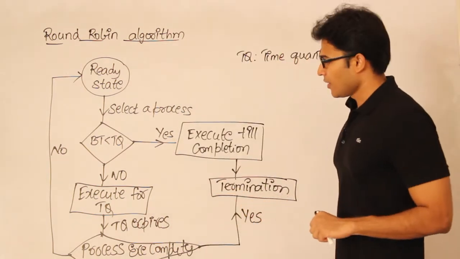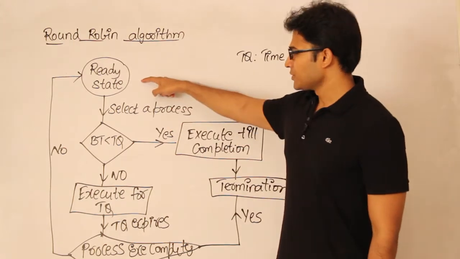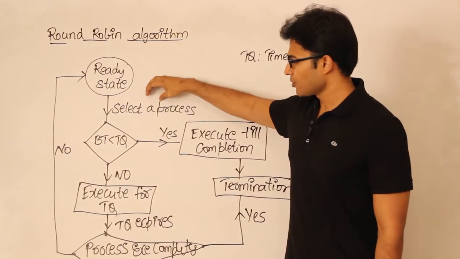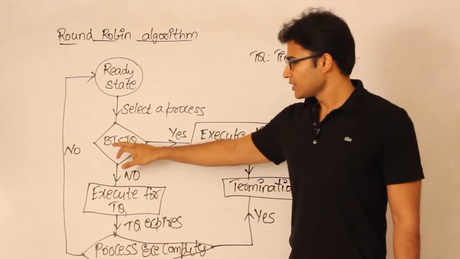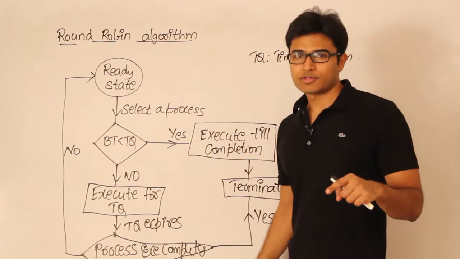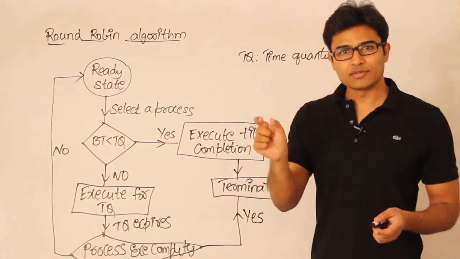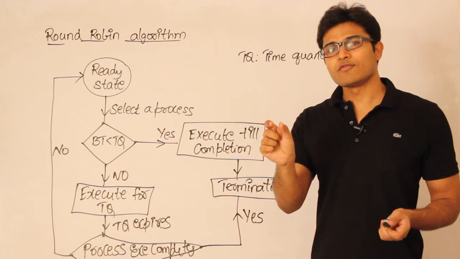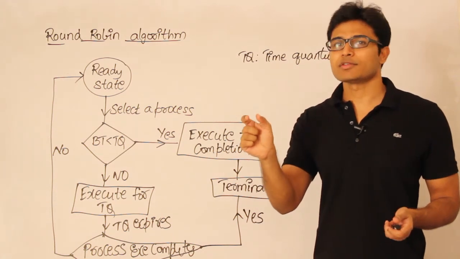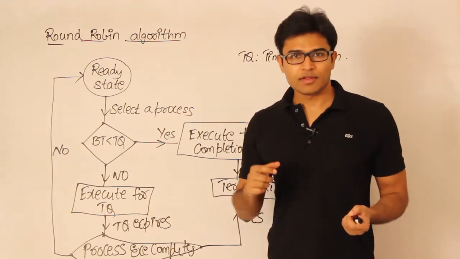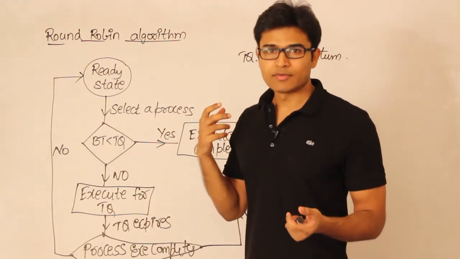Watch it. Initially we will be in the ready state, and then we select a process. After selecting a process, we check whether the burst time of the process is less than the time quantum. So what is the time quantum? That is the fixed amount of time we set, so that any process we pick up will be executed only for that much time. Every process will be given this much time.